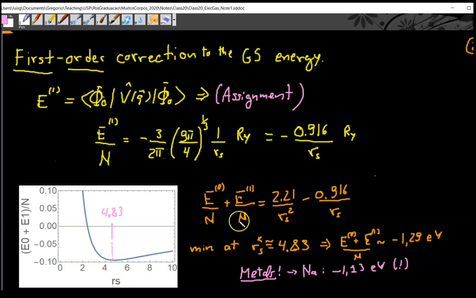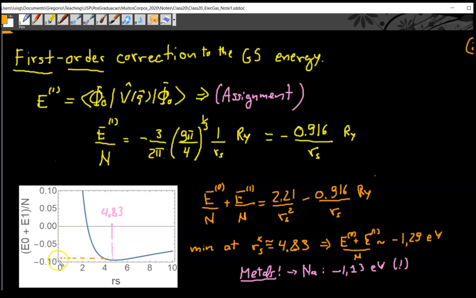If you calculate this in electron volts, and you plug this number back in here, and this is of course in Rydbergs, so you have to multiply by 13.6 to get the answer in electron volts, you would get what this energy is, and it is about minus 1.3 electron volts, right?